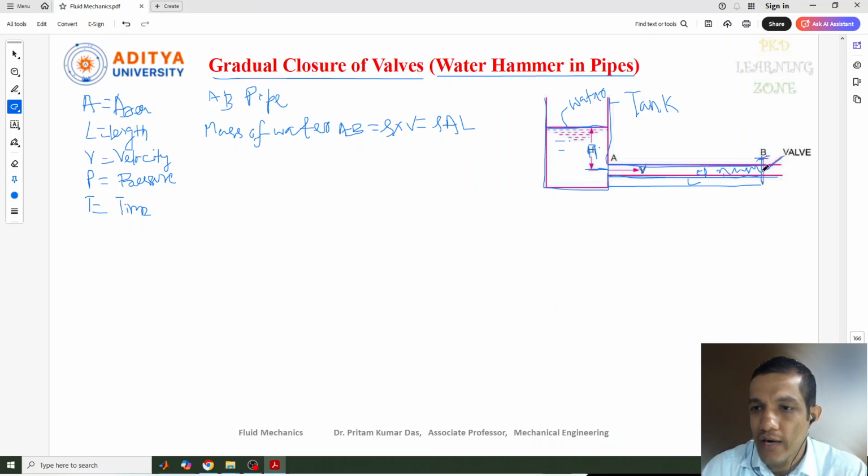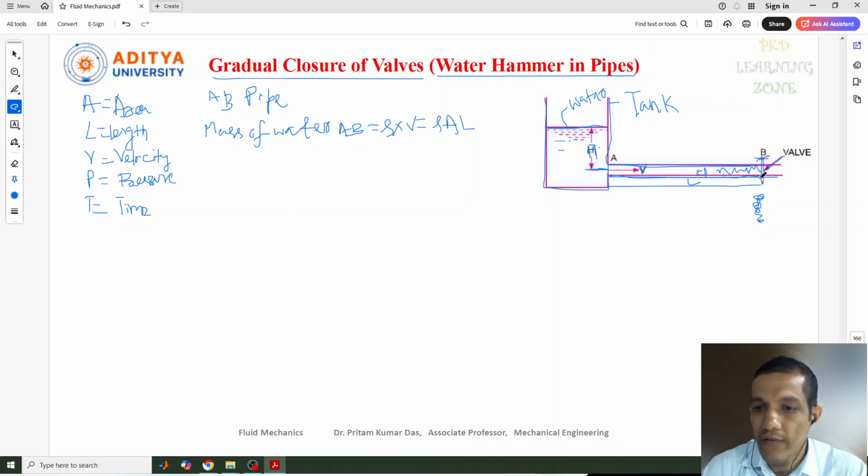Now, suppose you are slowly trying to close the valve in this pipe.